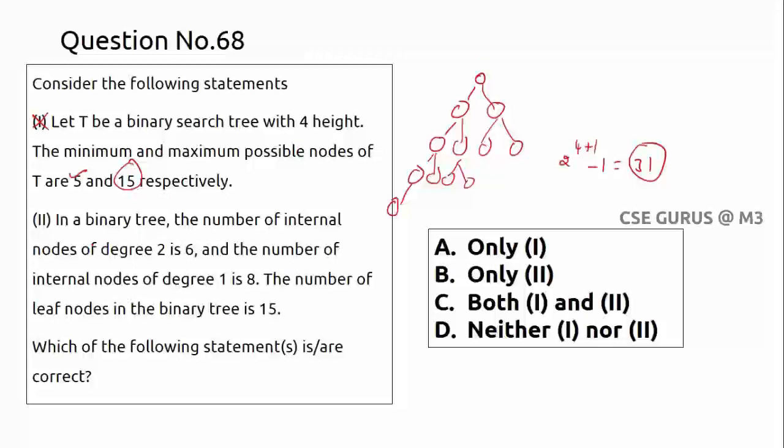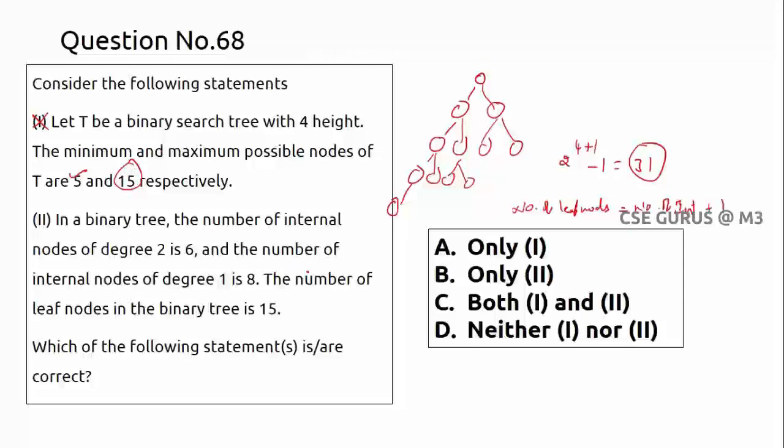Coming to the second one: in a binary tree, the number of internal nodes of degree 2, meaning with 2 children, is 6, and the number of internal nodes with 1 child is 8. What is the number of leaf nodes? We know that the number of leaf nodes equals the number of internal nodes with 2 children plus 1.